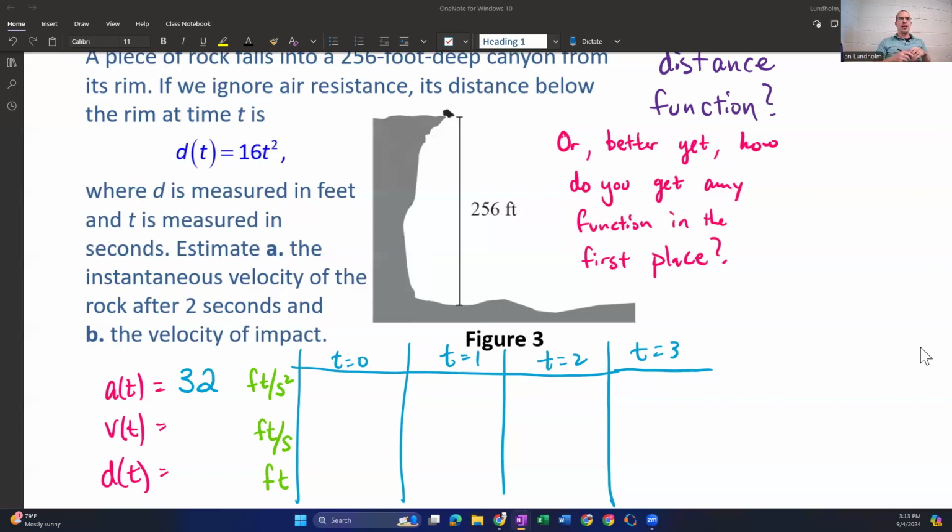But what I mean by a constant acceleration of 32 feet per second squared is that the rock is accelerating at 32 feet per second per second. It's accelerating, but the acceleration always stays constant at 32. And if we were to graph this, the function a of t would just be a flat line at y equals 32.